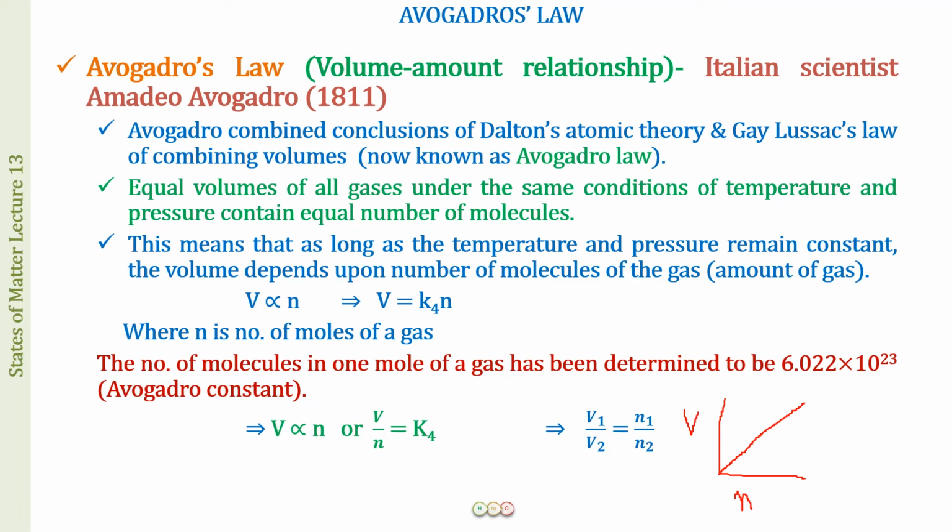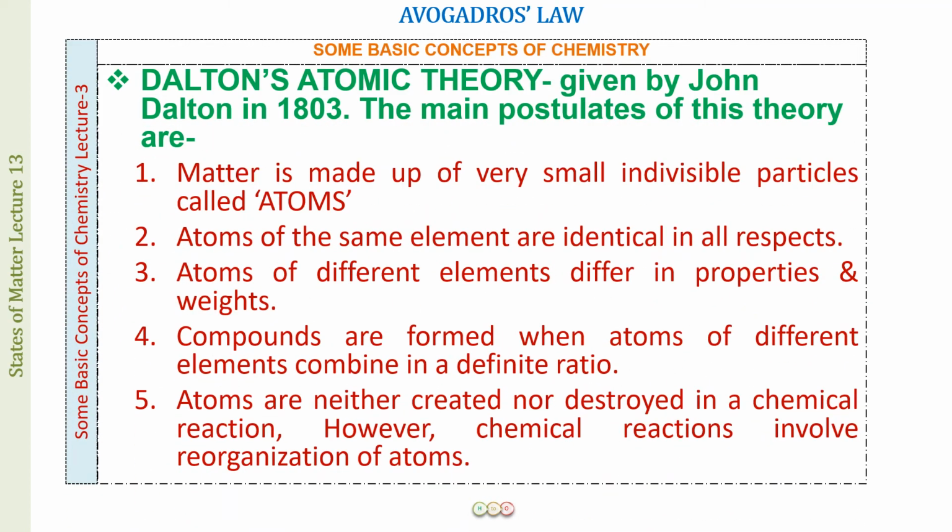Now, the next thing is that I will be quickly recapping Dalton's atomic theory and the Gay-Lussac law and how we reached Avogadro's law. So Dalton's atomic theory, this was my lecture number 3 from the course on some basic concepts. I've just picked up the slide from there.